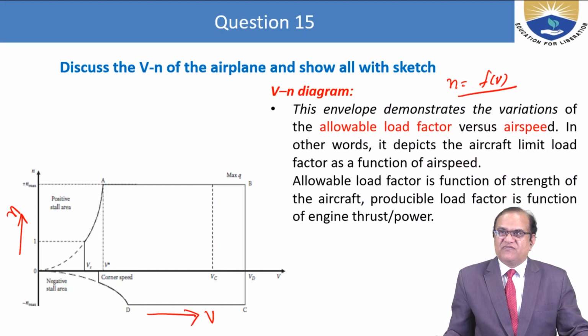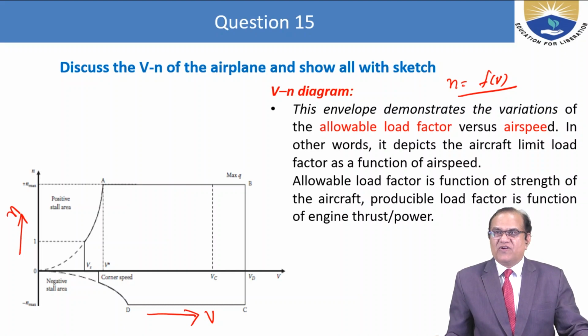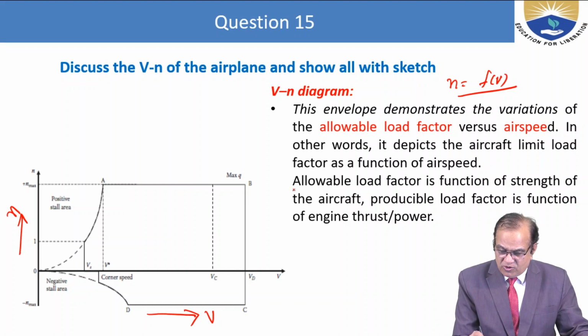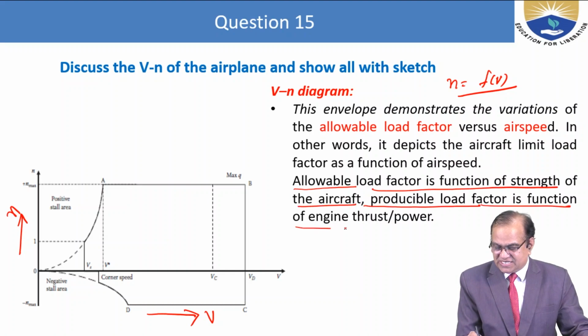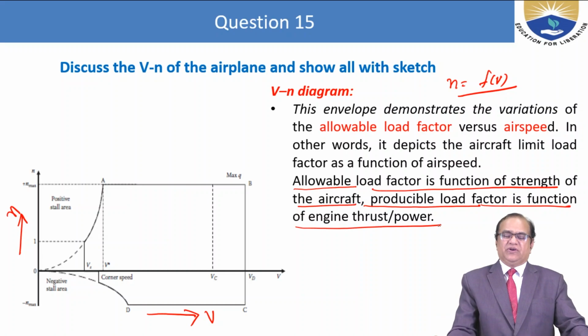Allowable load factor is a function of the strength of the aircraft. Producible load factor is a function of engine thrust and power. So allowable load factor is set by the strength of the structure, and producible load factor is from the engine thrust.